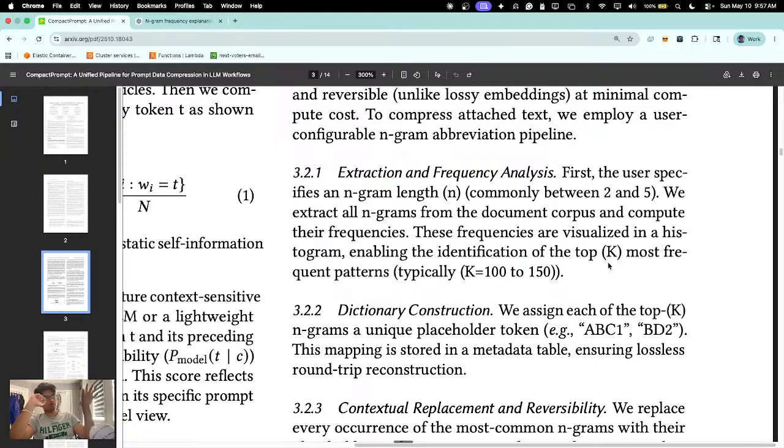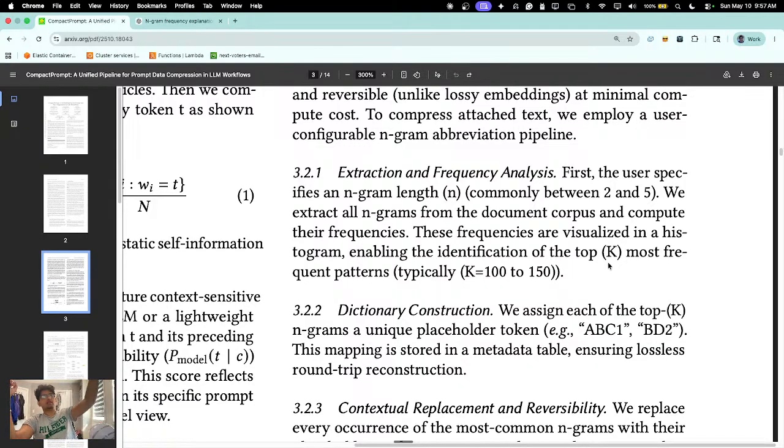So, for example, let's say United States was one n-gram instance. Then in the whole document, you're going to see how many times you see United States. And if it's a large amount of times, which can be dictated by an actual threshold, let's say the top 2% of n-grams, those are actually going to be abbreviated.